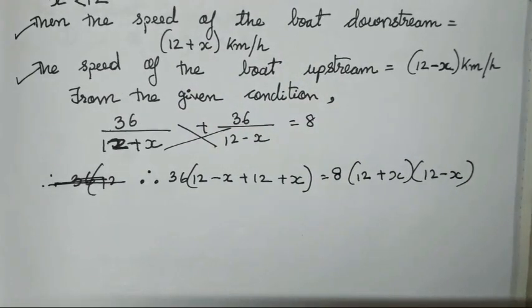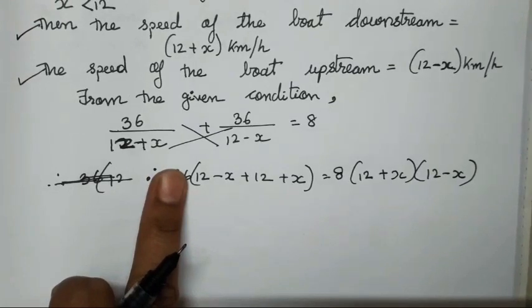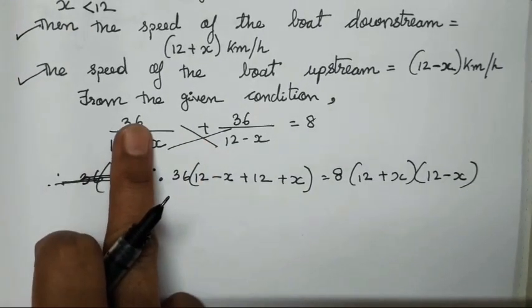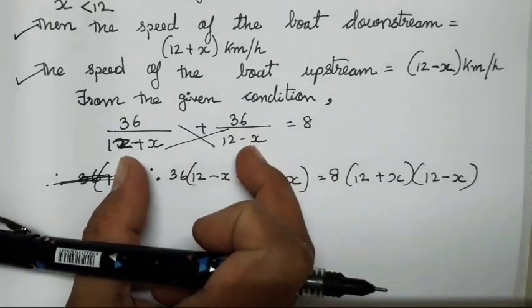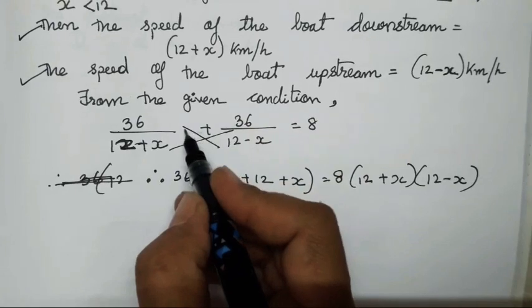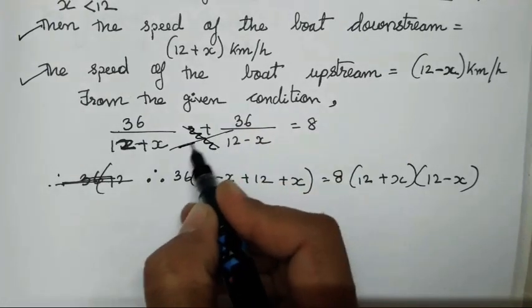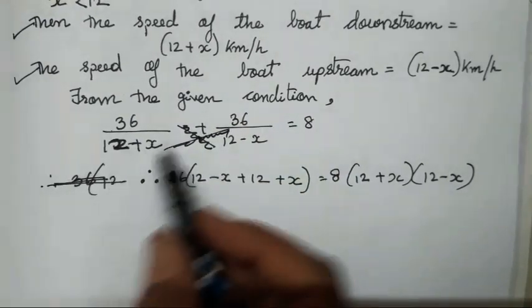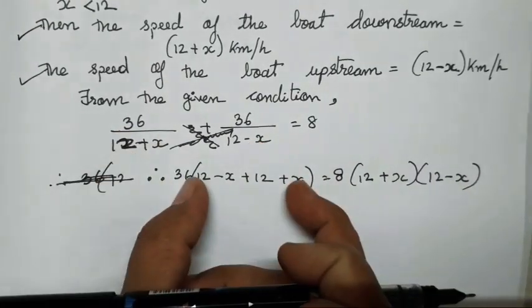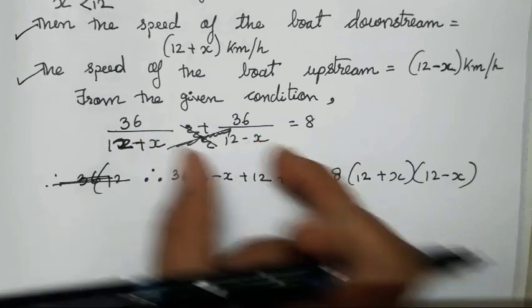So what I have done over here is, instead of cross multiplication, I have directly taken 36 common, and 8 with these two again. Skipping the cross multiplication step, I have taken 36 for both the downstream and upstream, and 8 for both the downstream and upstream.